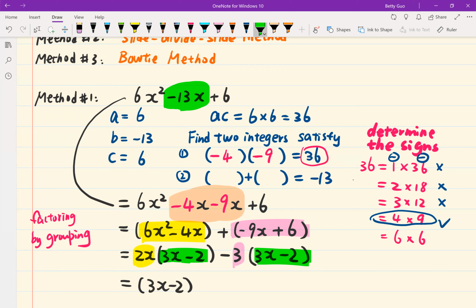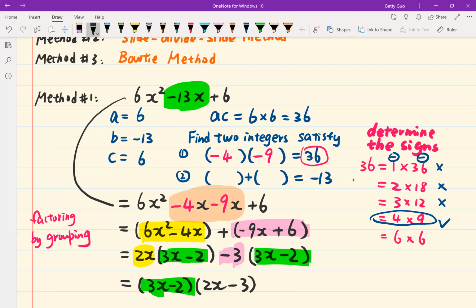And inside the parentheses, we have the leftover factor from the yellow group and the leftover factor from the pink group. So that would be 2x from the yellow group, -3 from the pink group.